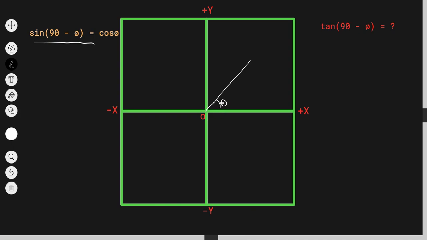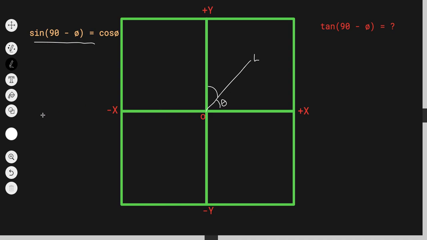I told you prior that the angle that plus x-axis forms with plus y-axis is 90 degrees, correct? Just keep that in mind for a moment. Now let us look at this part. The angle that plus x-axis forms with this line segment L is theta. So what will be the remaining angle?